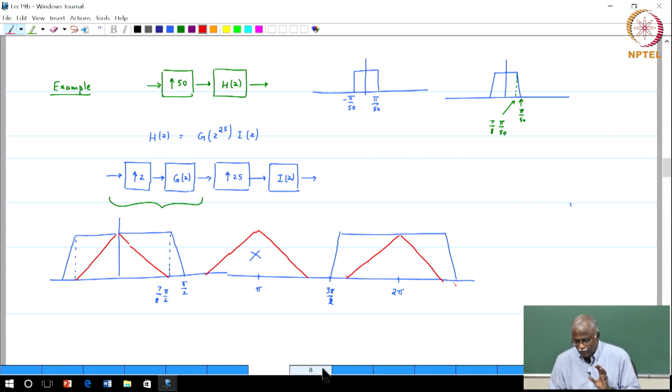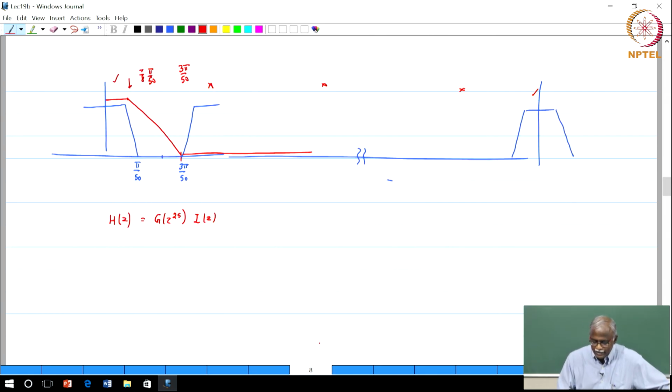So, one question. If I design H of z directly, I will get a certain filter order N1. Okay. So, this comes out to be eventually a filter order of N2, this is filter order N3, G of z power 25.